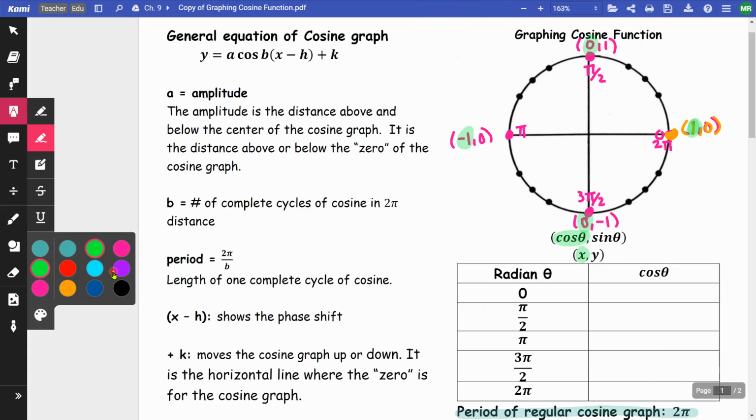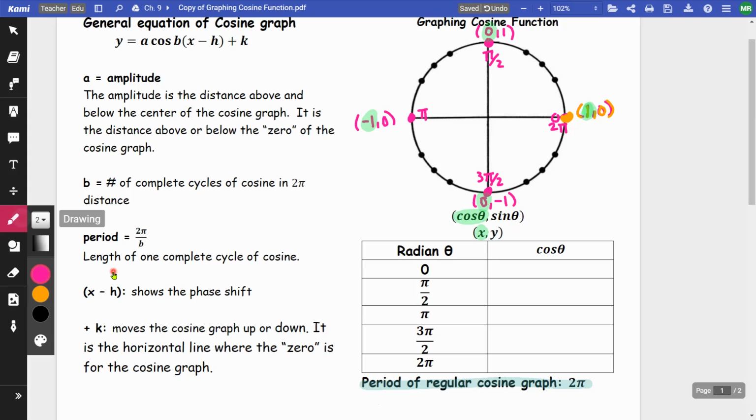So when we are looking at the table below, again, my x coordinate at the radian of 0 is my cosine, which is 1. Up at pi halves, my cosine is 0. Over here at pi, my cosine is a -1. Down here at 3 pi halves, my cosine is 0.